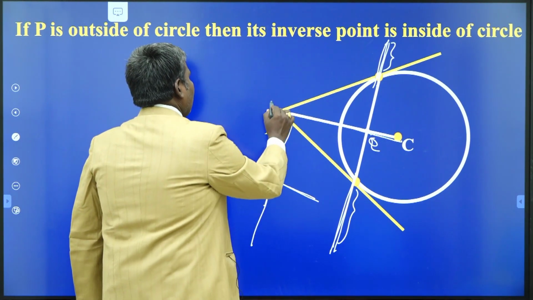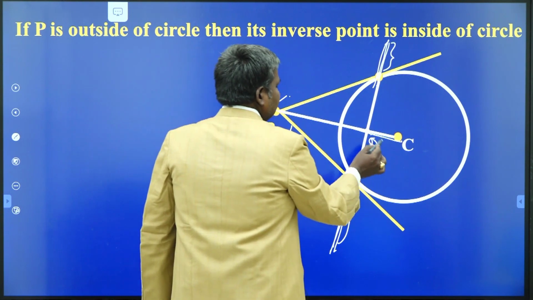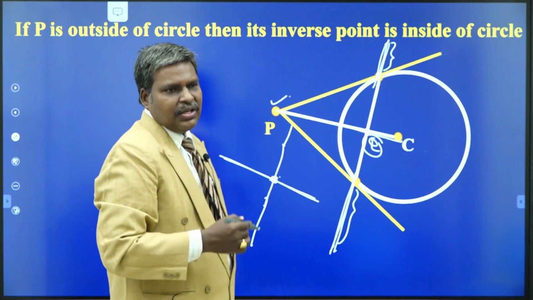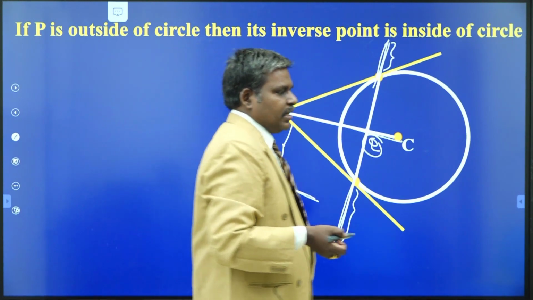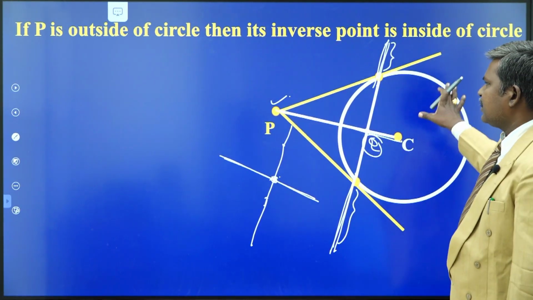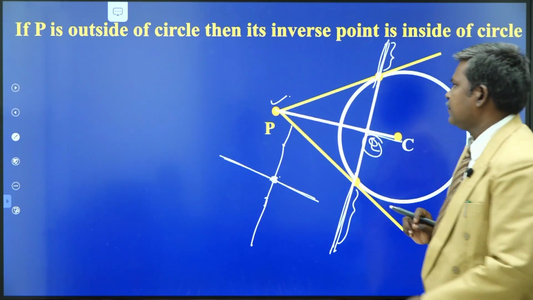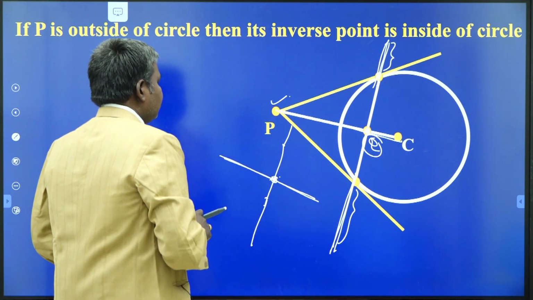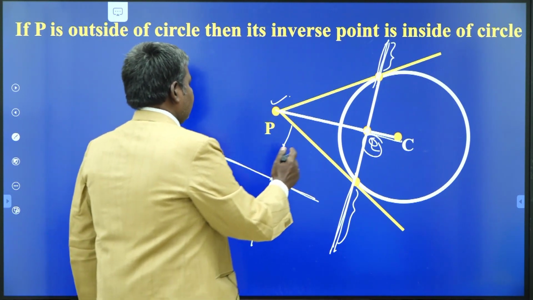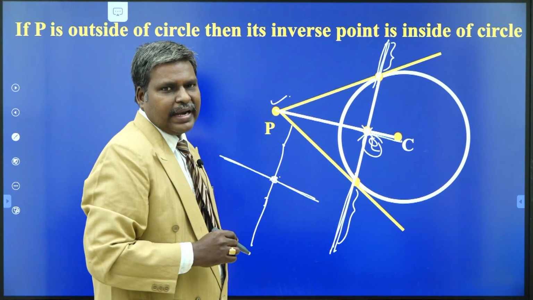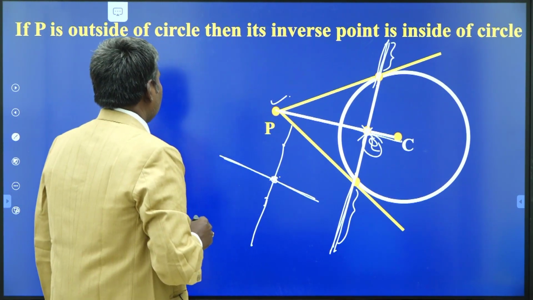So it is your point P, then automatically its inverse point is here, that is inside of the circle. Understand? If P is outside of the circle, then its inverse point is completely inside the circle. This is another condition. Okay. This is the Q. Q is the point of intersection of the polar of P and the line joining CP. Okay.